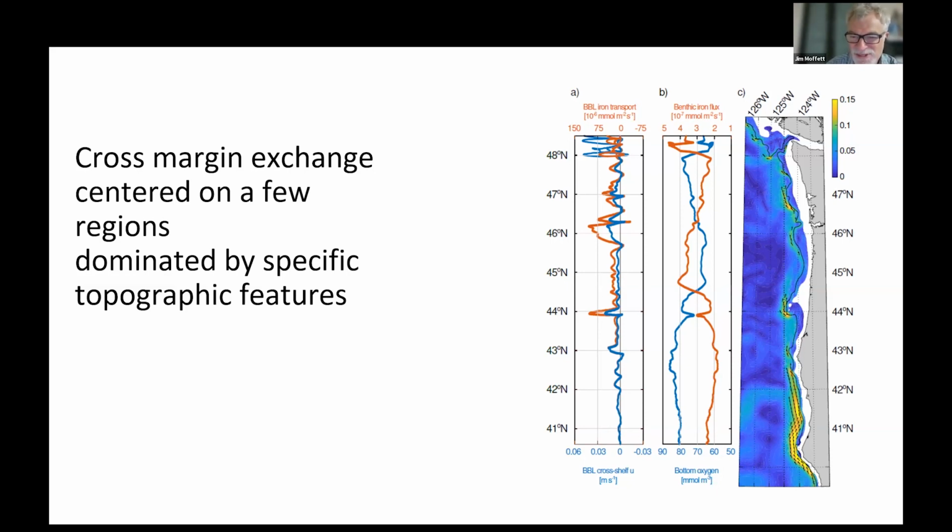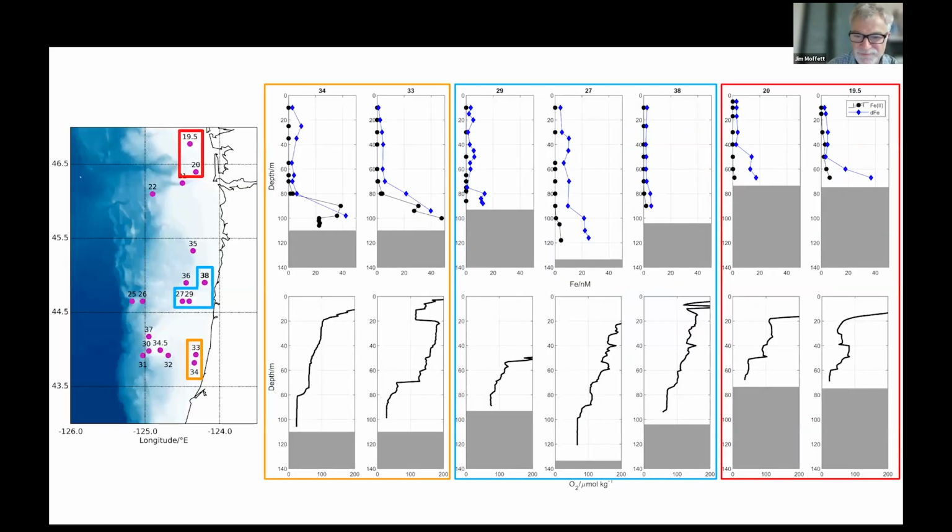And I think this is exceedingly important, not only for somebody working on iron, but for carbon as well. I think this is the type of approach that would be very useful to looking at carbon and oxygen budgets across continental margins.